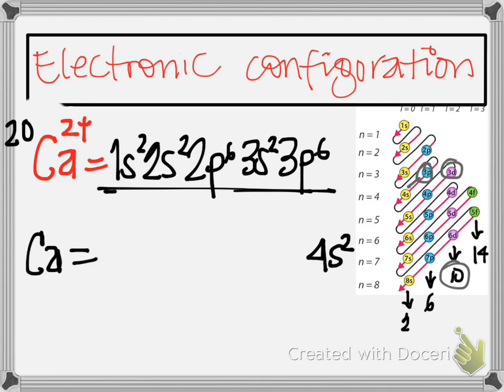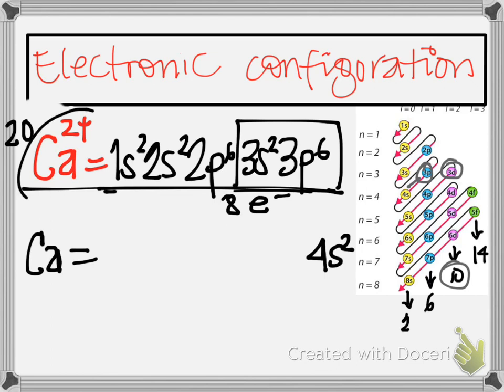So what does this mean? This means for the first case that the calcium has lost 2 electrons, and now its highest level of energy is 3. But if you see how many valence electrons it has, it has 8 electrons. So now it's completed. So this means that calcium is stable with 2 positive.